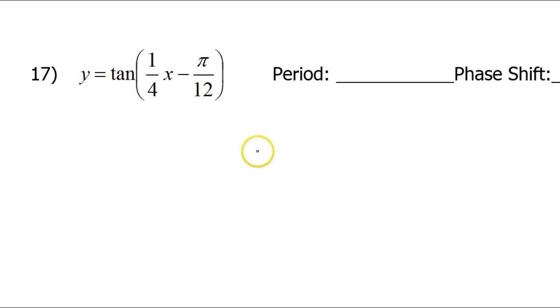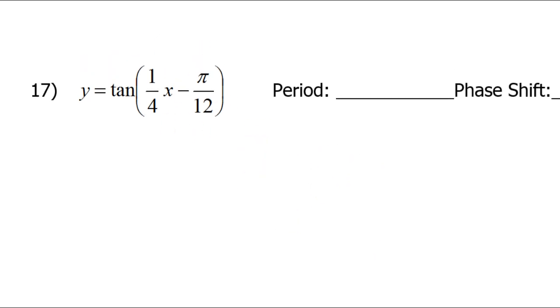So let's go ahead and rewrite the equation like you do when you see a b value and a phase shift trying to happen. You need to take that b value and move it outside the parentheses. Okay, so I'm going to have x minus something. Now, to see the value that goes here, I need to divide this by this.